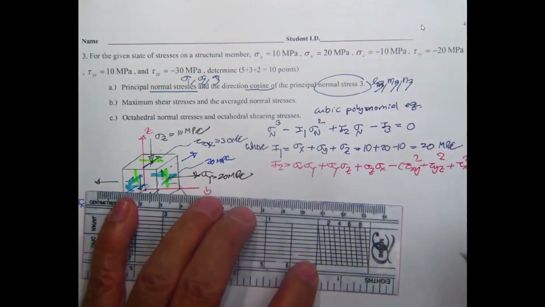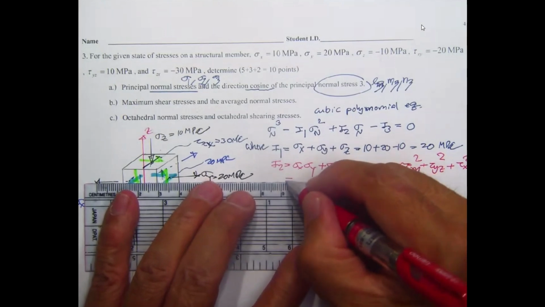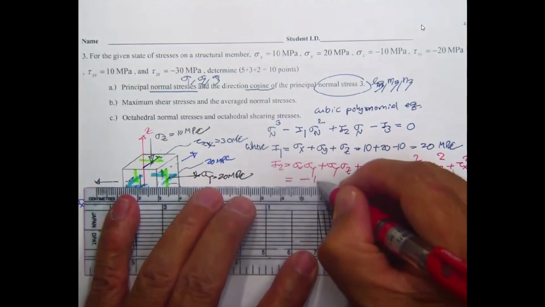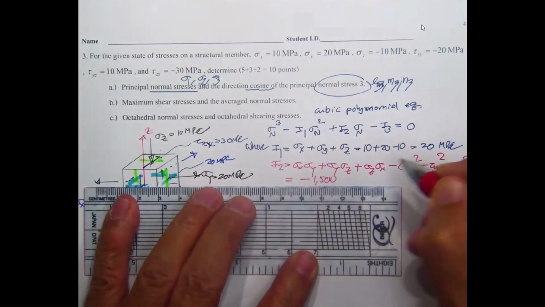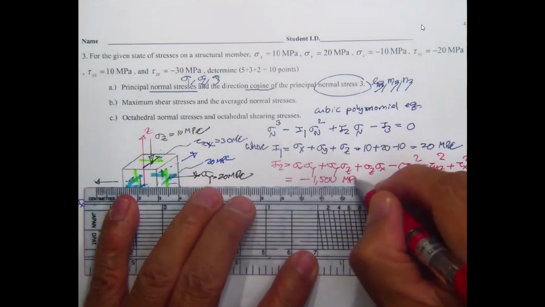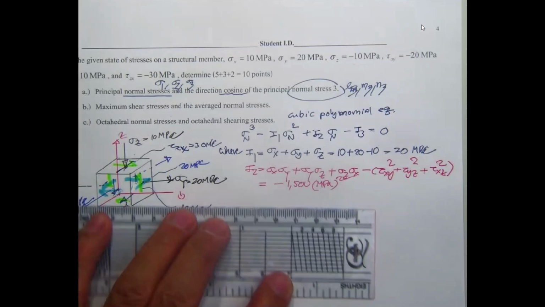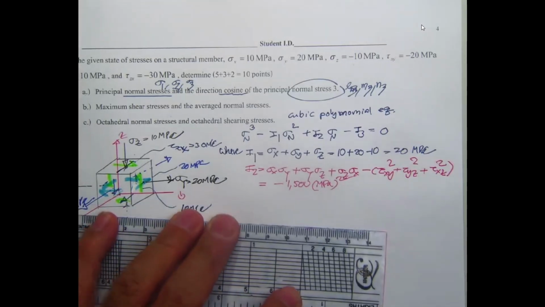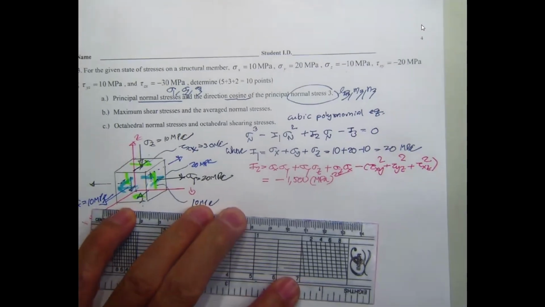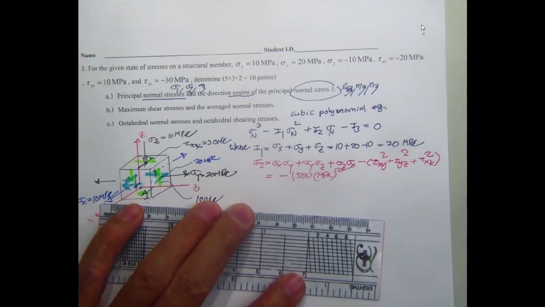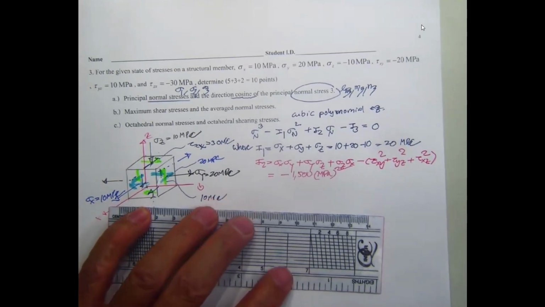I don't put the numbers. You should get this to be minus 1,500 megapascal squared.